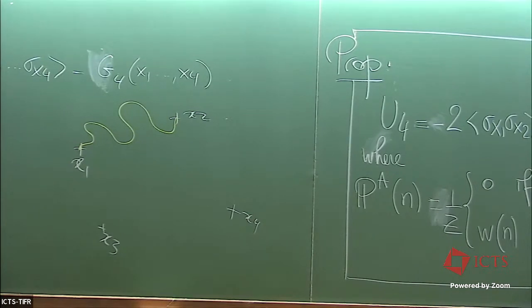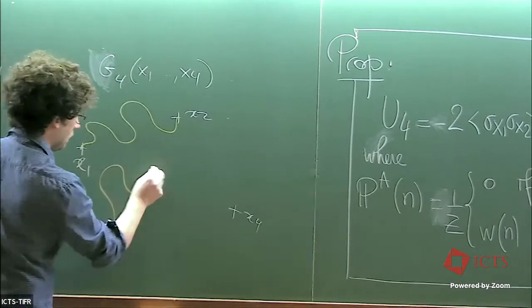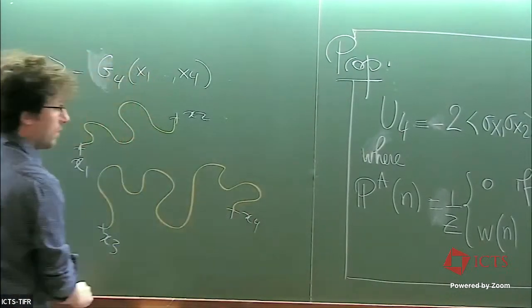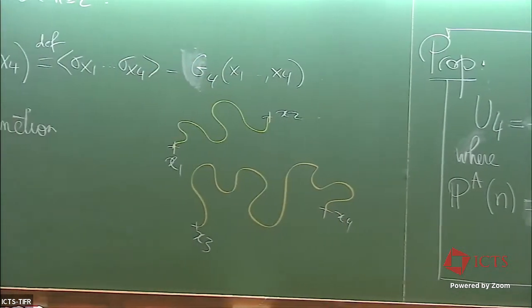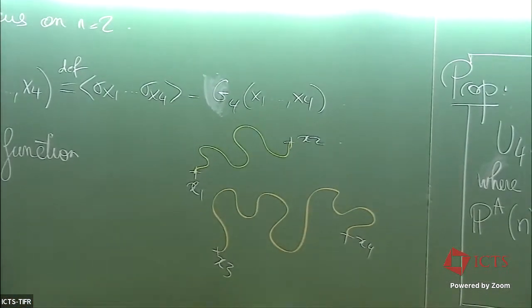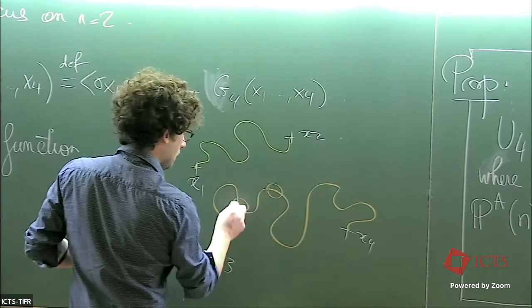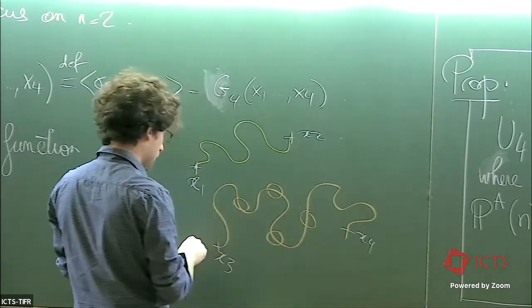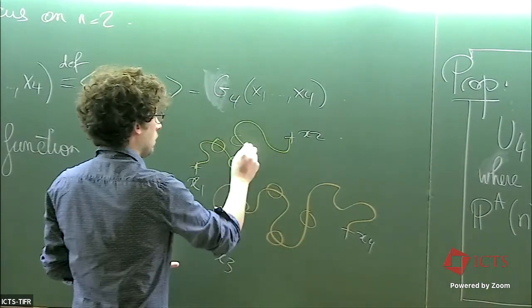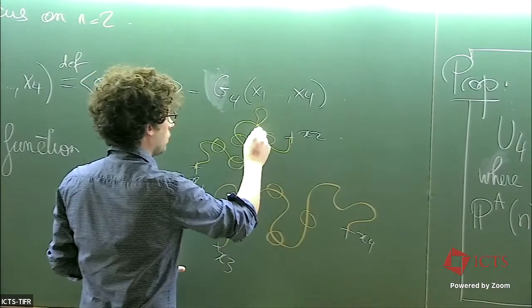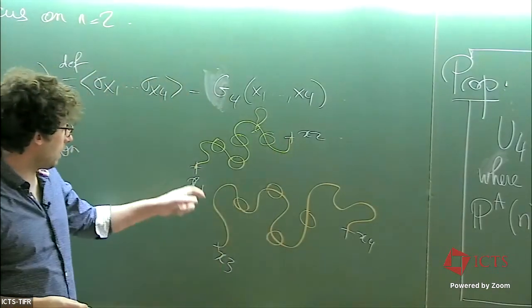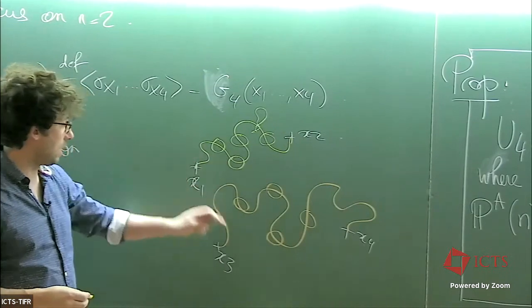Same thing, there must be a path going from X3 to X4. These are not self-avoiding paths, right? In a current, you may have some weird geometry. The question is whether there is a path between those guys and those guys.